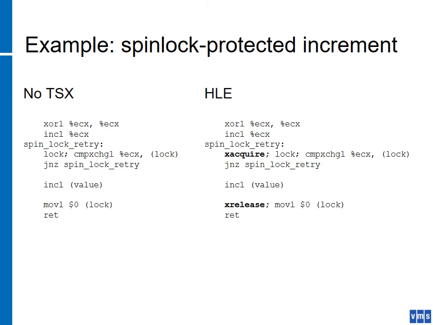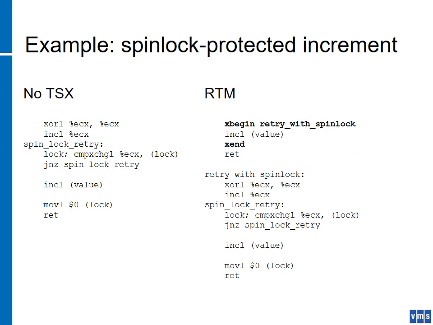With TM, the more sophisticated way of using this, the regular code path becomes very simple. There's an xbegin instruction, then there's your increment this value, and then there's a transaction end instruction, after which you can return from your function. So no locking at all.